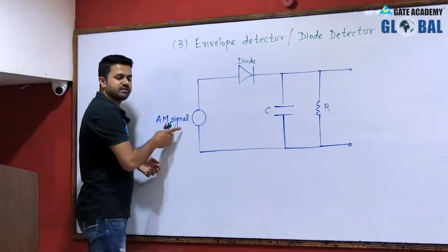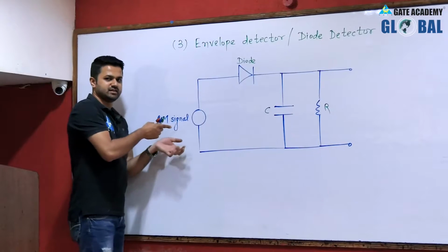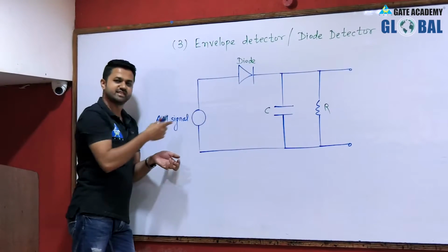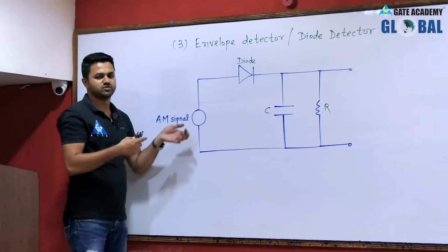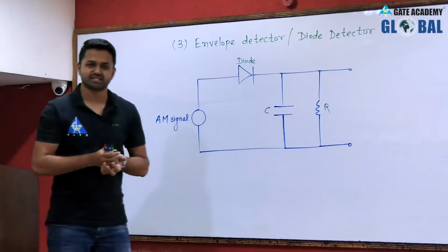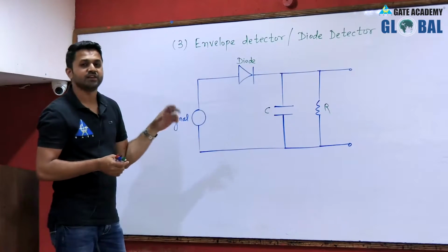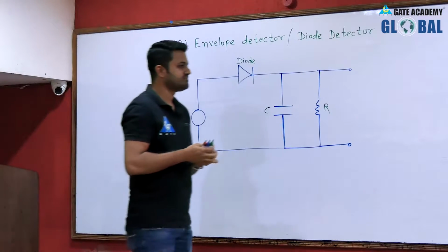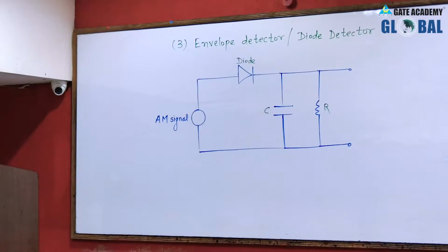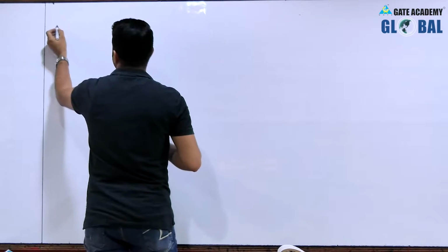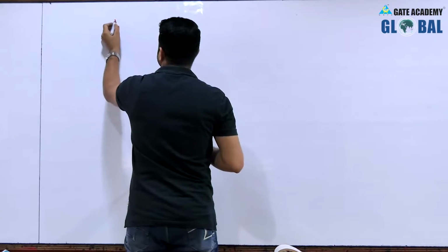So, instead of applying this AM signal, let us apply a sinusoidal signal to the input of this envelope detector, and we will see how this circuit works when we apply the sinusoidal signal, and according to that we will consider it for the AM signal. Okay. So, suppose we apply the sinusoidal waveform.